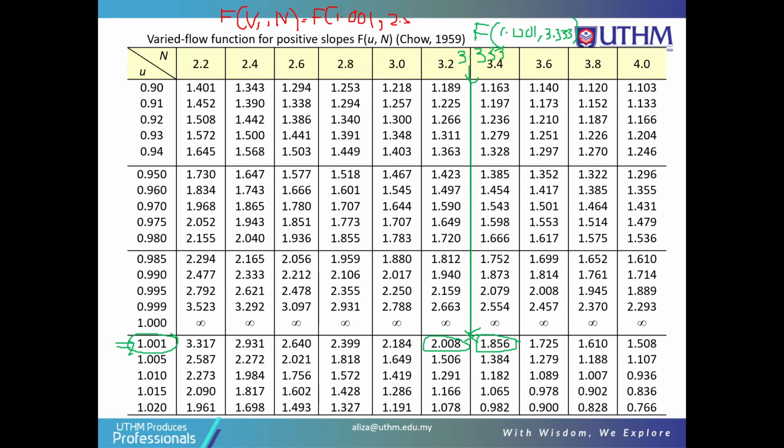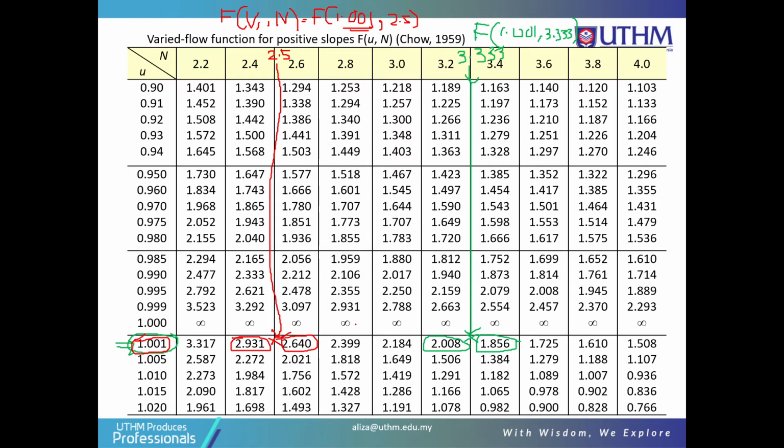So you look at the same also here, the 1.001 for this one. But you must look at the 2.5. So 2.5 is here. 2.5 is the near value, so you find the value of 2.5 here.